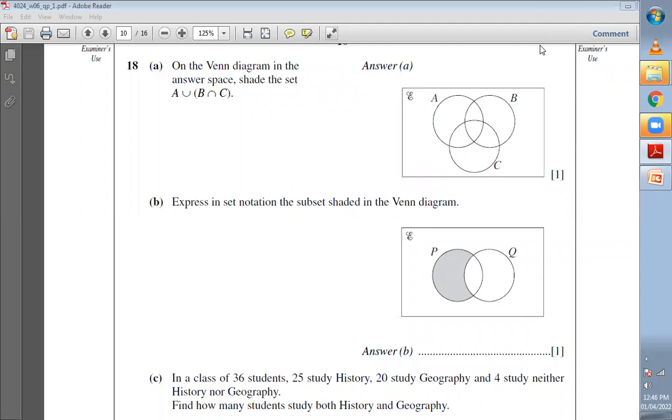Question number 18, on the Venn diagram in the answer space, shade the set A union (B intersection C). So whatever is common between B and C, you have to take that, and then take the union with A. A is this. So I will shade this and this.